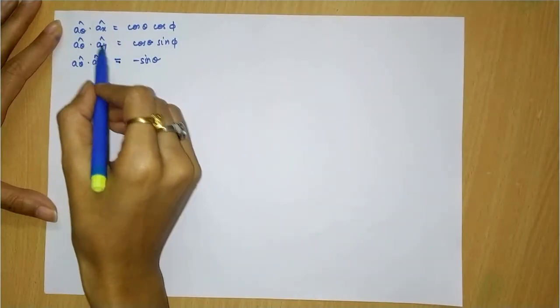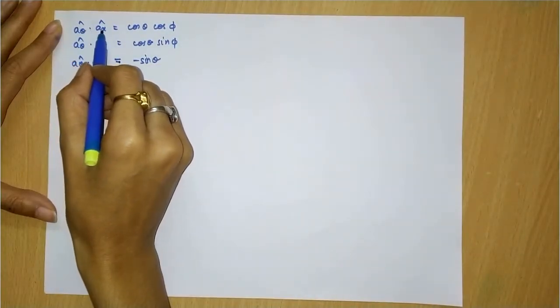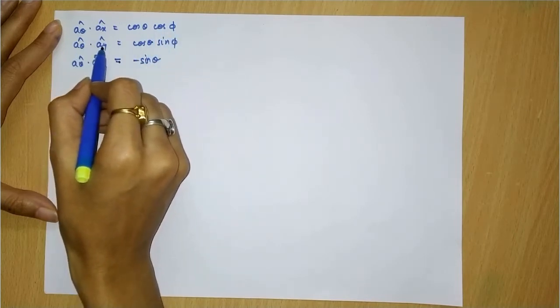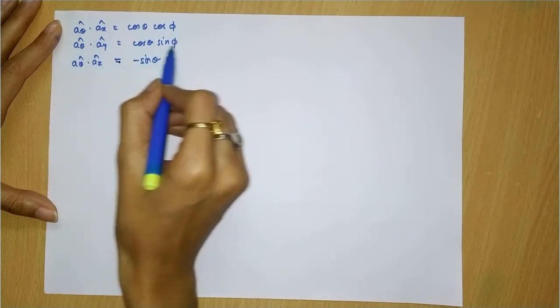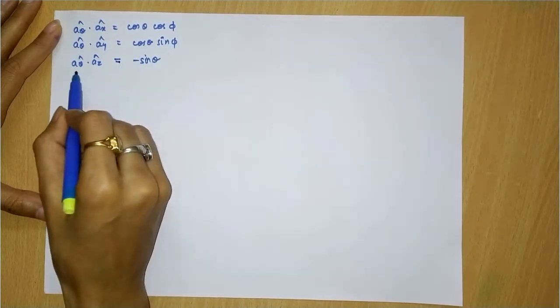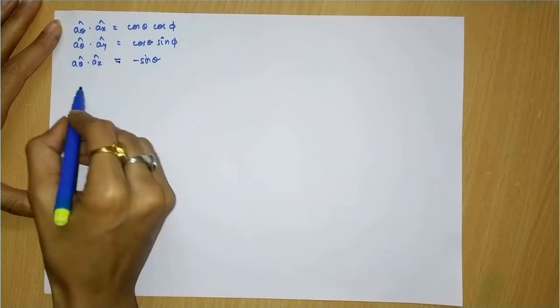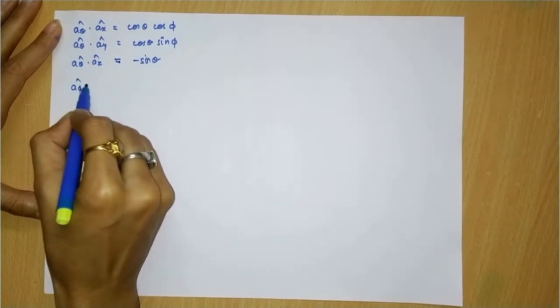From that diagram we can write aθ cap dot ax cap is equal to cos theta cos phi, aθ cap dot ay cap is equal to cos theta sin phi, and aθ cap dot az cap is equal to minus sin theta. Similarly, we have these relations.